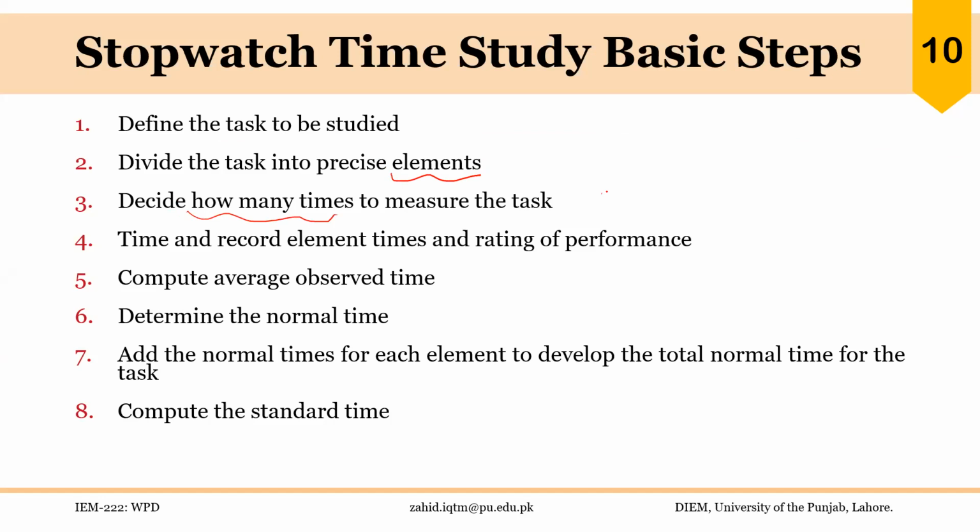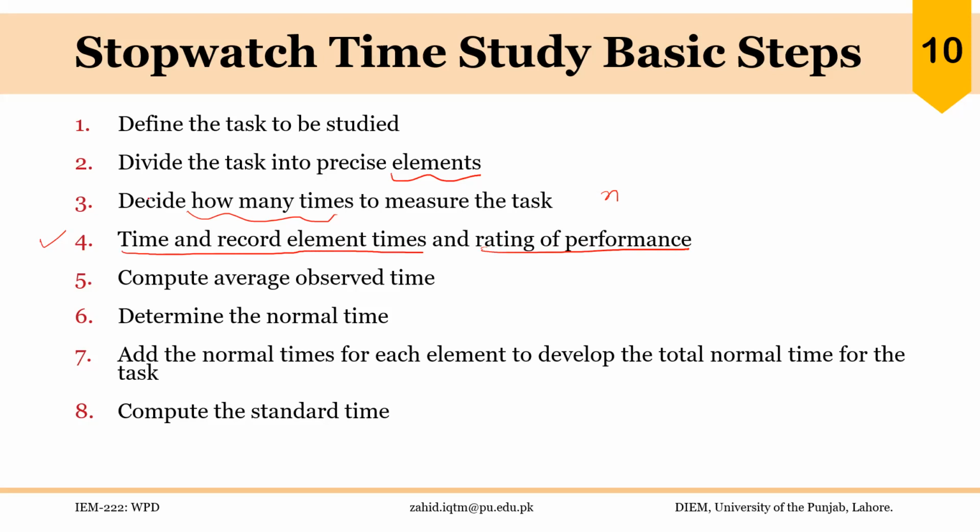So you have to find n, the number of observations to take. Then you have to time and record element times and rating of performance. So in step number 4, you have to do two things simultaneously. You have to use the stopwatch to time the elements, as well as perform the rating. So both these things should be done simultaneously, and we will discuss why.